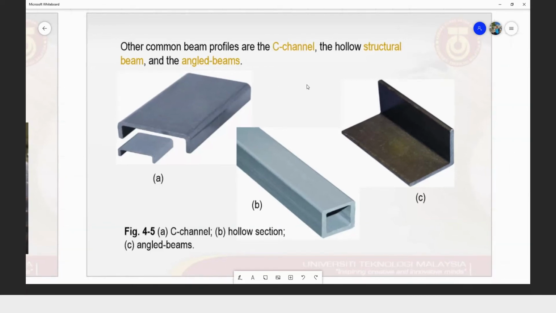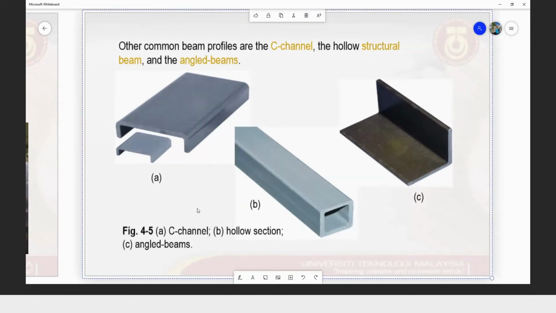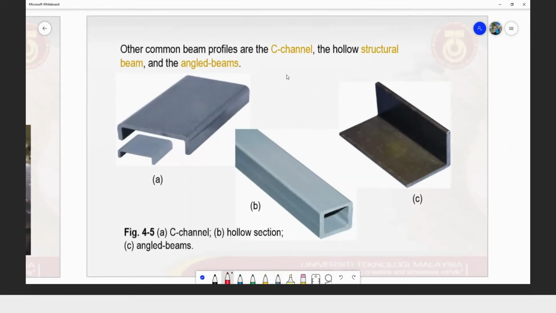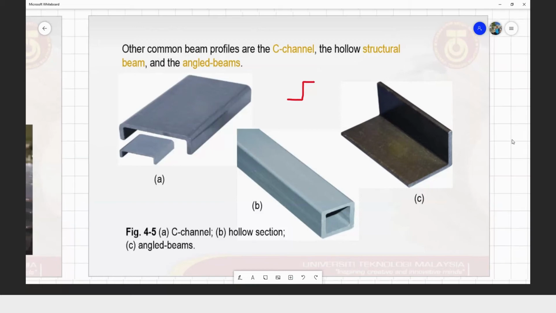Kalau bentuk Z, sorry, it can be a beam as well, tapi biasanya untuk bentuk Z semacam gini ni, in aircraft kita panggil dia macam stringers, which we use to support the skin of the wing ke skin of the fuselage.